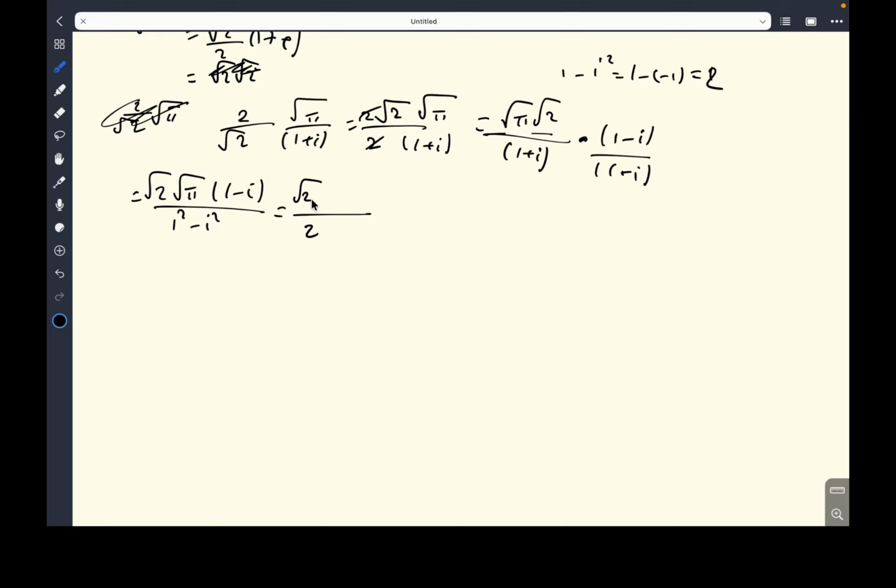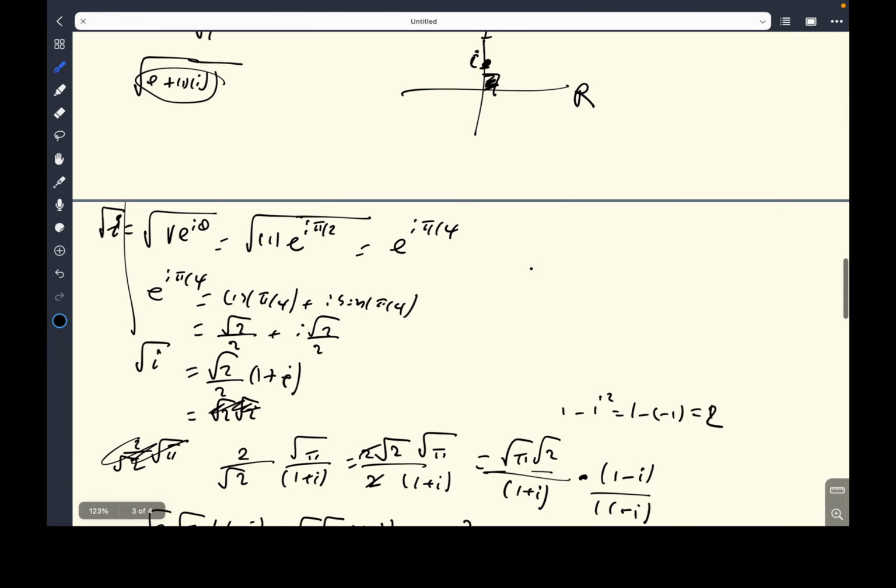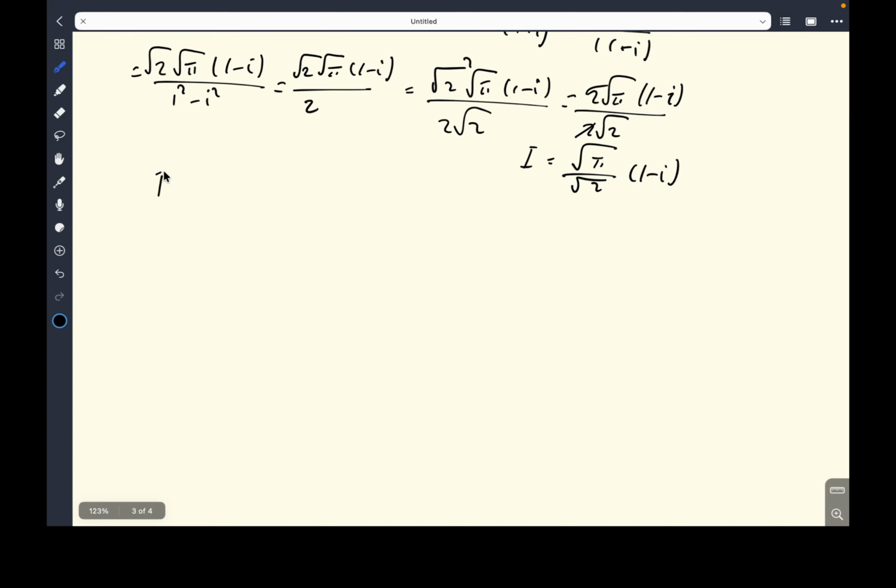Thus it's going to be root 2 root pi times 1 minus i. If I multiply both sides by the square root of 2 again, I'm going to get this result: 2 root pi times 1 minus i over 2 root 2, which is root pi over root 2 times 1 minus i. Thus, the integral that I was looking for here is root pi over 2 minus root pi over 2 i.